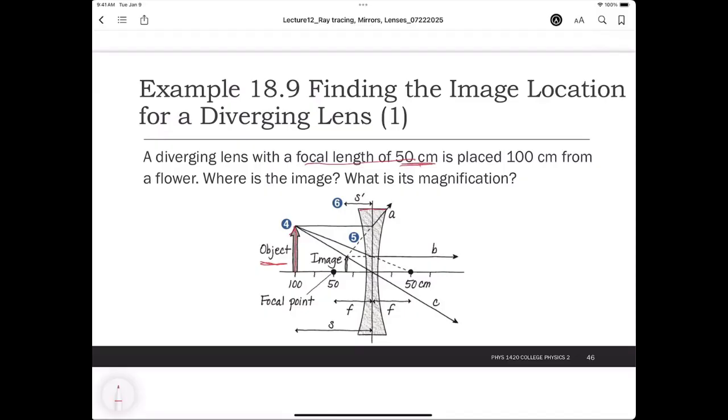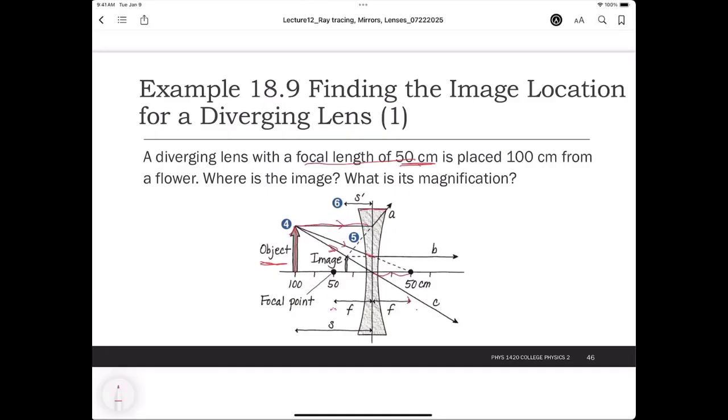So this is 50 centimeters. This is the far focal point. This is the near focal point, and then you can draw three special rays.